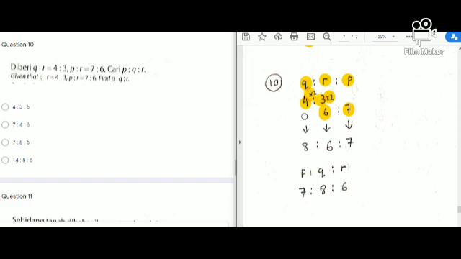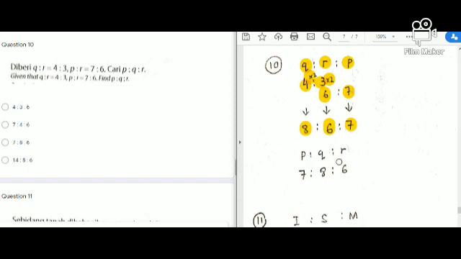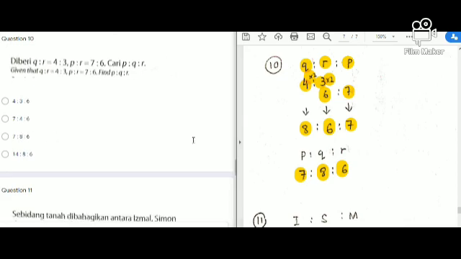So now Q will become 4 times 2, 8, 6, here 6, 7, maintain 7 because it does not multiply with any number, right? So PQR is P 7, Q 8, and R 6. So the answer is 7, 8, and 6.